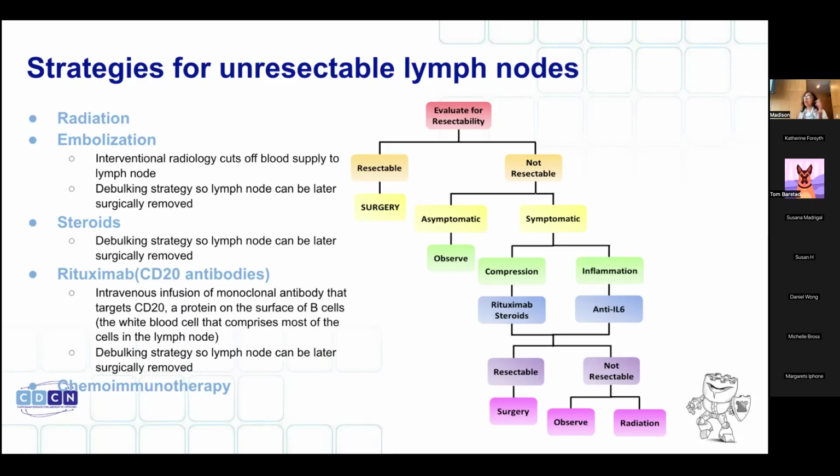Because getting it out will eliminate the nidus, the reason that you're having the symptoms. If it's still not resectable, then you need to evaluate if you can observe or if they need radiation, okay? Radiation would be used sparingly and in low dose in those areas where it's safe to do so without impacting the patient in an overall setting.